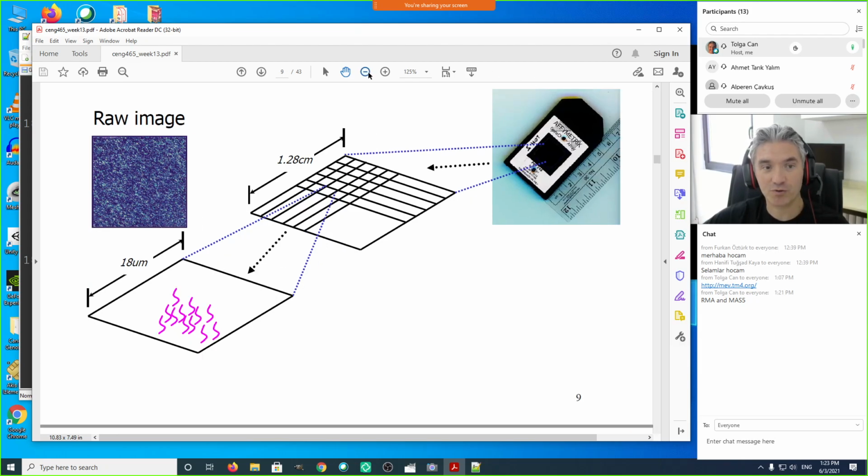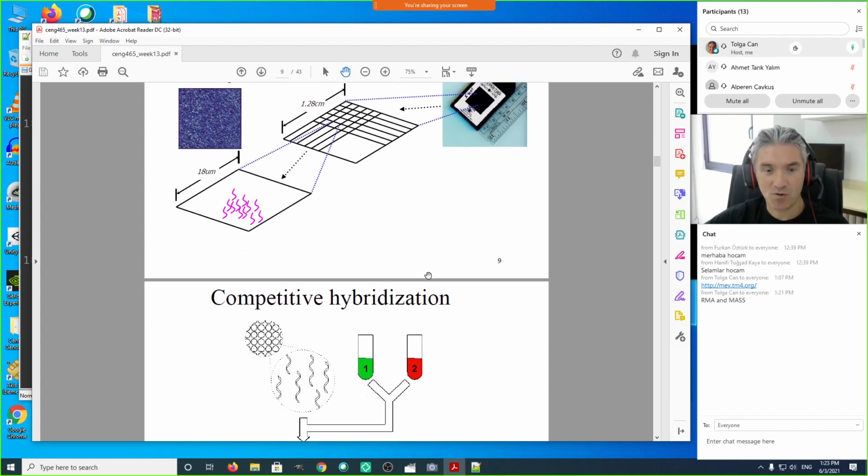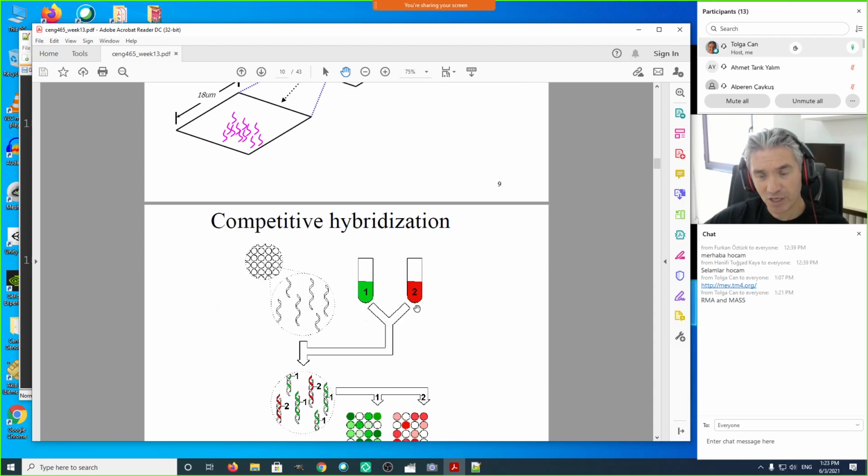which allows, when messenger RNA sample is poured inside here, hybridization to these spots, which in turn will highlight those regions. So this is called single channel microarray data, because a single sample is poured in and it just gives a particular type of intensity. We just get intensity. There's also another technique called competitive hybridization, which is actually an older technique than this one, which allows comparing two different samples on the same chip by dyeing one sample with a different color than the other.